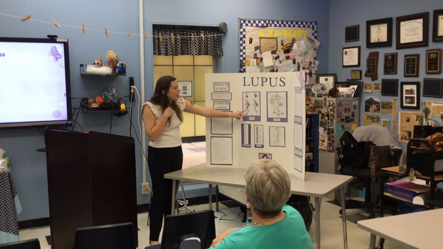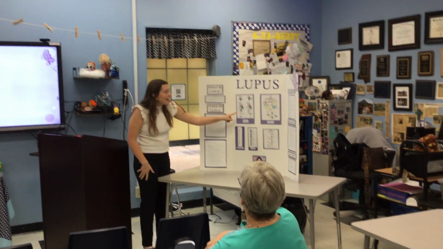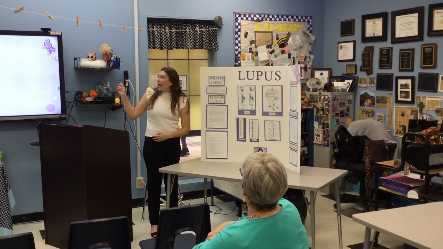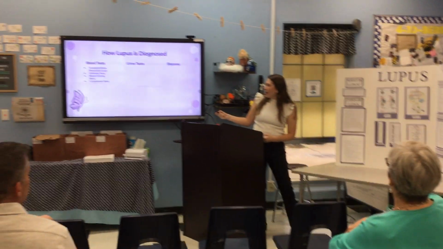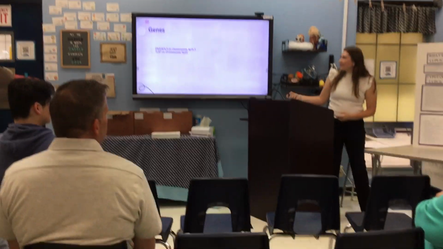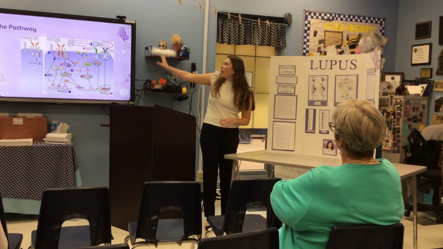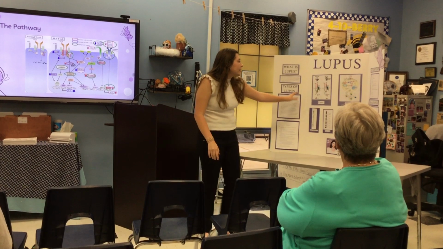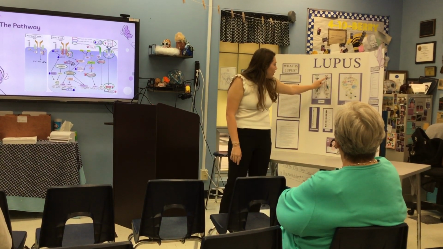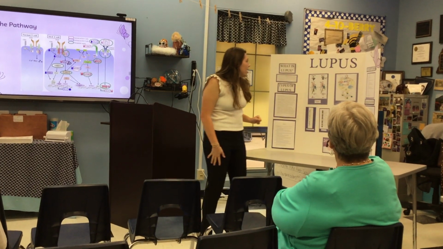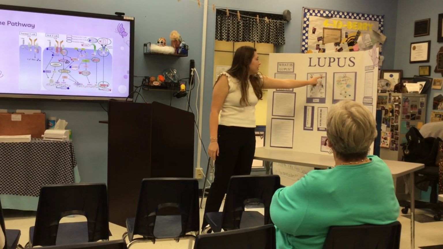Right here, figure 1, this is basically the same as my pathway, but it's a little bit simpler because this has a lot of stuff on it. If you look on my board right here, you can see where the calcium goes up and the IL-2 goes down, and how it affects the T cells up there.